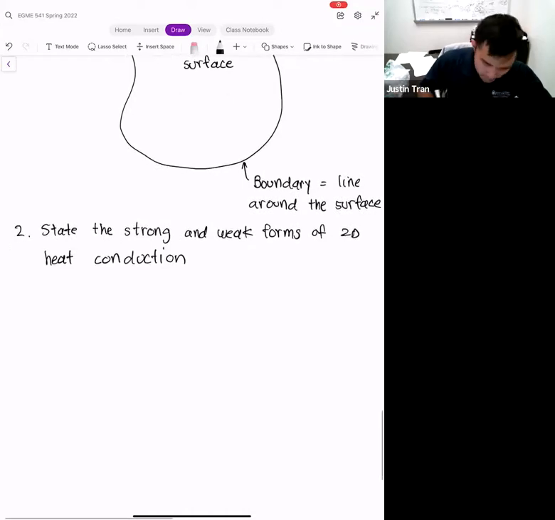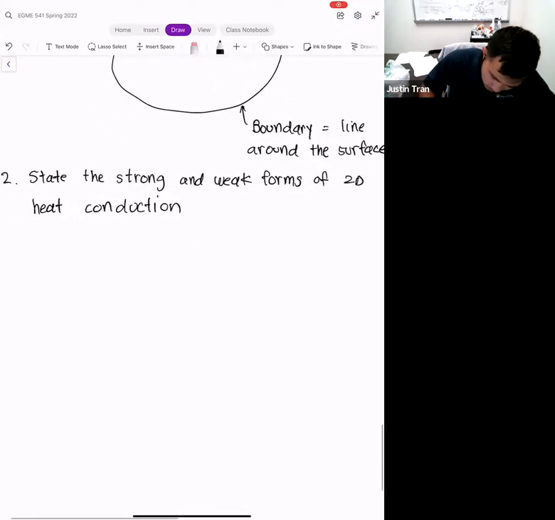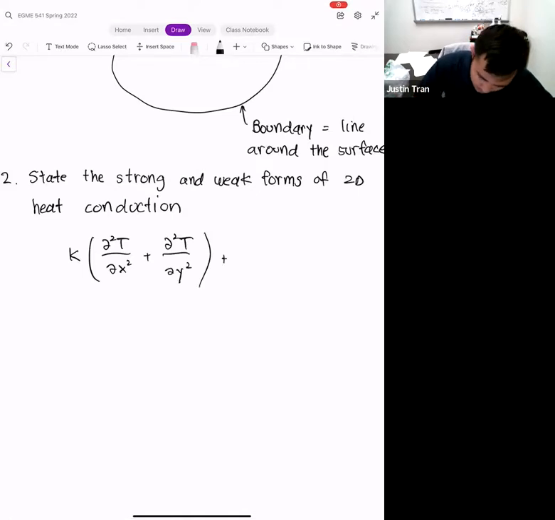And so for strong form, what we have is K times the partial squared T partial x squared plus partial squared T partial y squared, plus S of x and y is equal to 0.